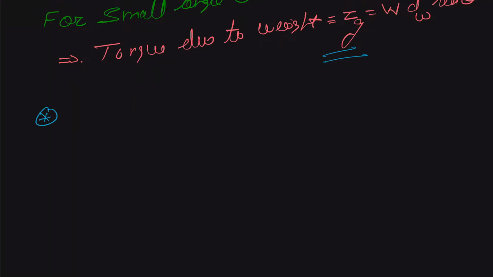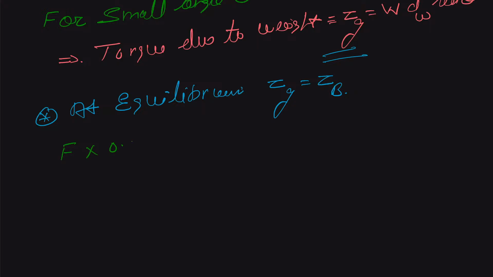Therefore, we can say that at equilibrium, torque because of the weight should be equal to torque because of our magnetic force. So we can write our F times 0.30 will be equal to our W times 0.18 sine of theta.